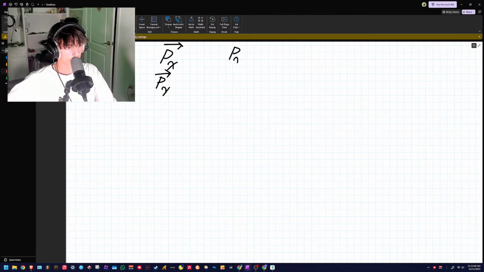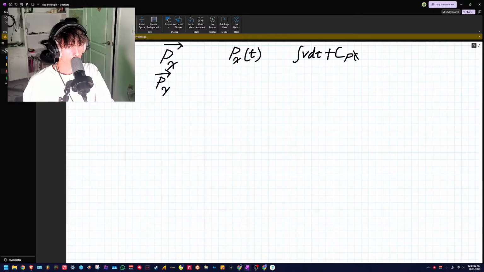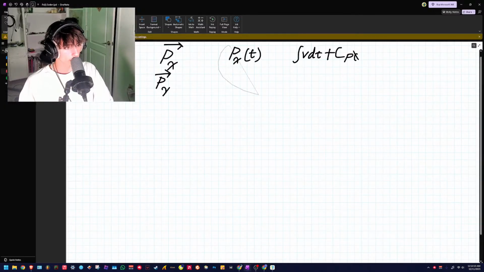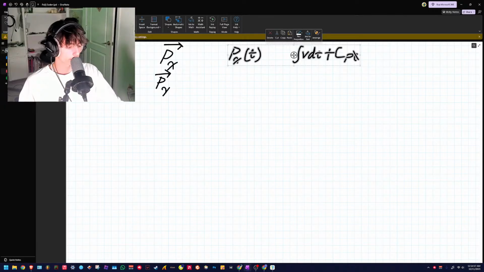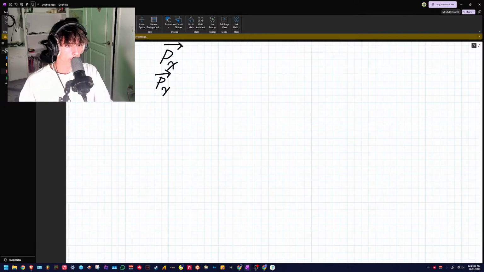Now the position of X is technically a function of t, which, again, is the integral of velocity. So we have our two position functions. We already integrated or differentiated, whichever was necessary, to get to them. I guess, integrated.